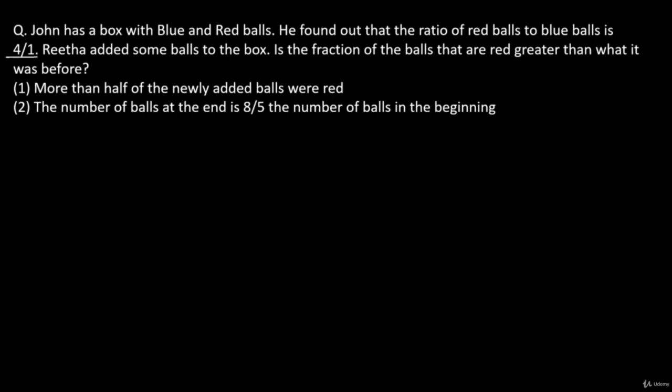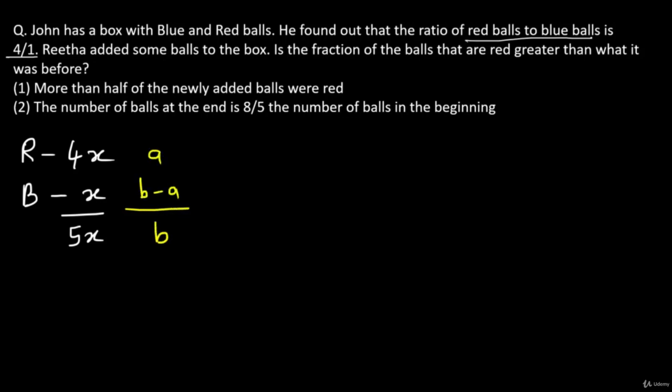Alright, we are back. I hope you have given it a try. Now initially the ratio of red balls to blue balls is 4 by 1. So let the red balls be 4x and let the blue balls be x. So we have a total of 5x balls. Now Rita added some balls to the box. Let it be that she added A red balls and B minus A blue balls, so that the total number of balls that Rita added is B. So initially there were 5x balls.